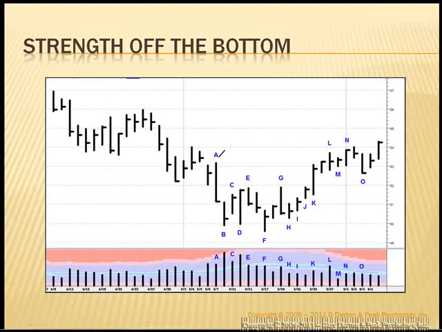It's IWM, which is the ETF for the Russell 2000. I forget what year. Anybody have a sense of what's happening on this bar? How do you describe this bar?